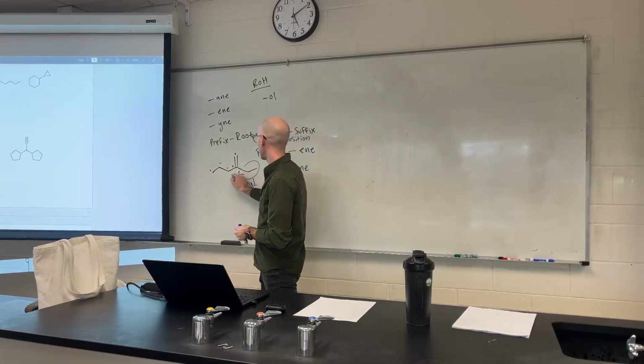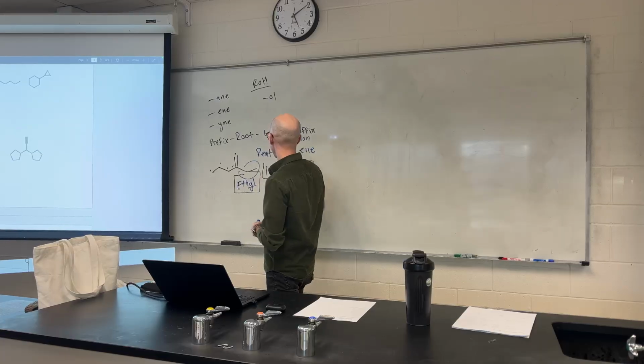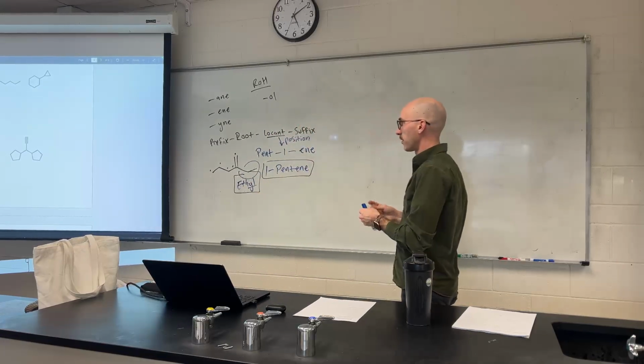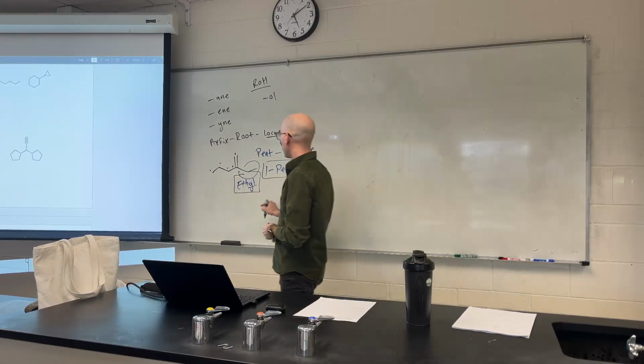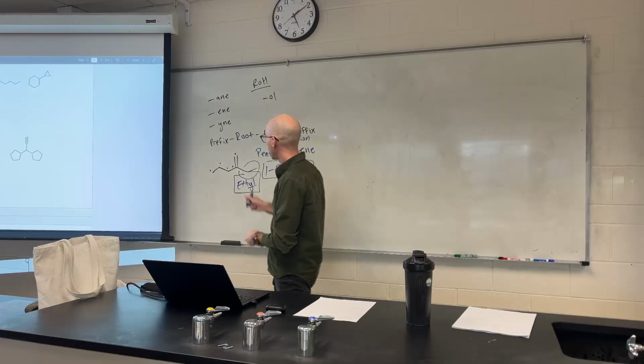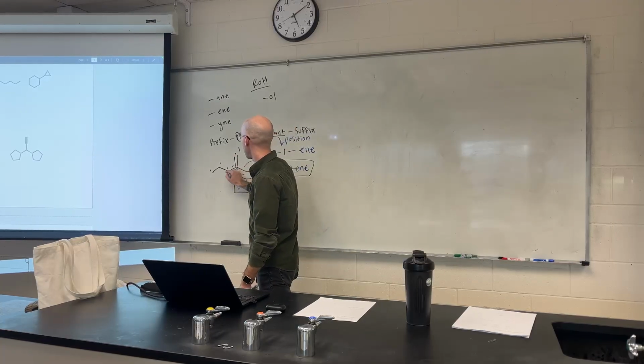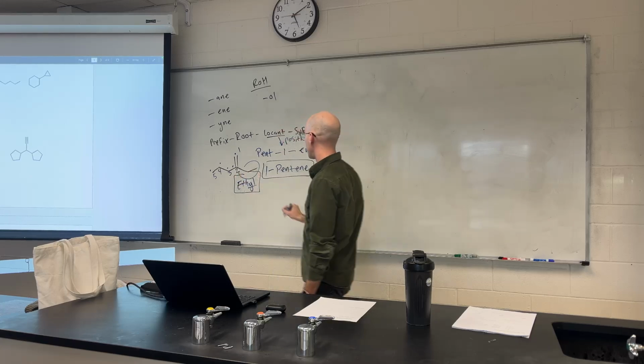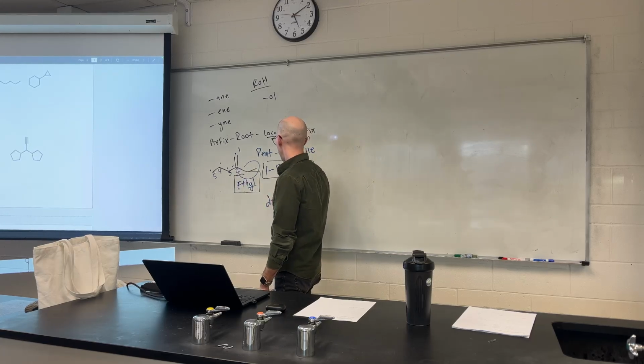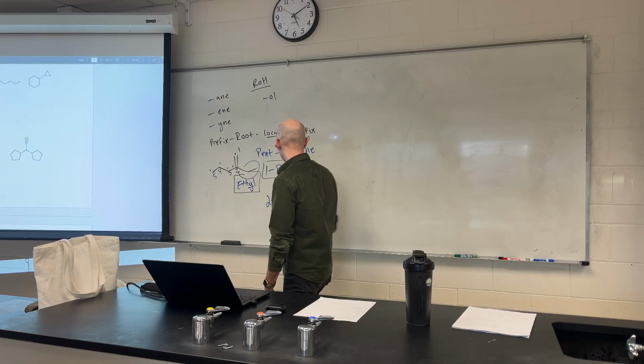So combining the fact that this has an ethyl substituent and the alkene is located on the first carbon, we keep this numbering system starting at the alkene, and we see that the 2-carbon group comes off of position 2. We get a full name, 2-ethyl, 1-pentene.